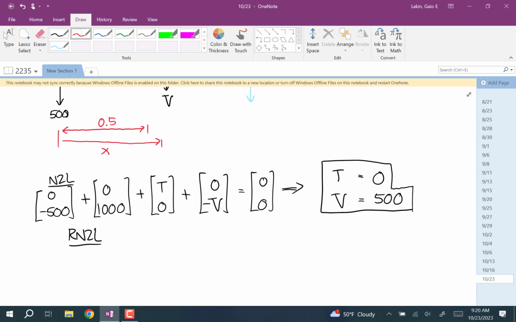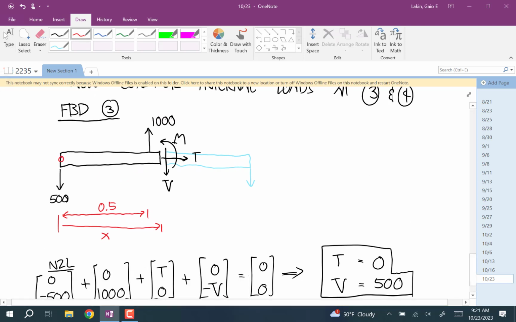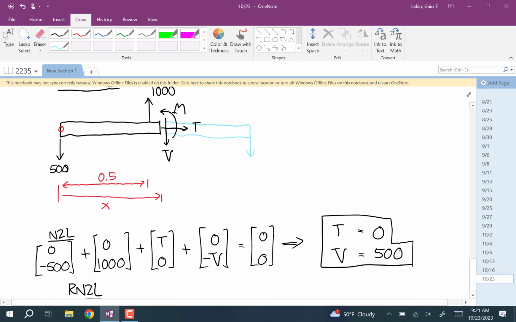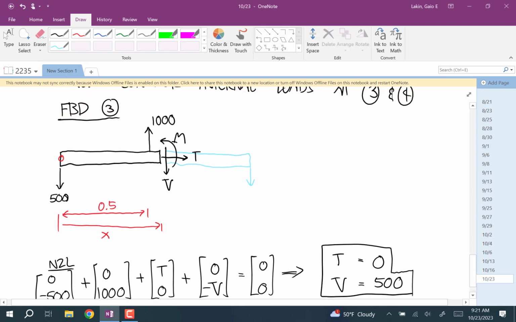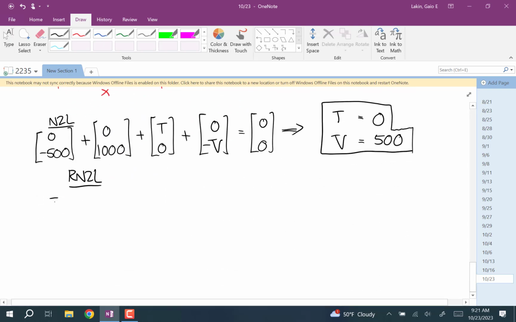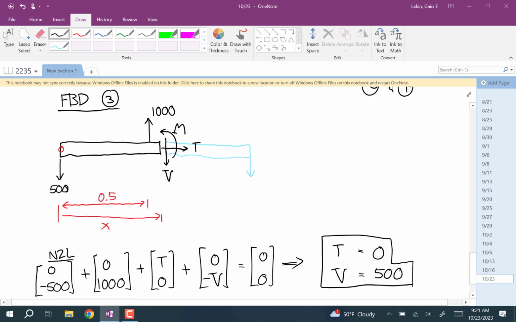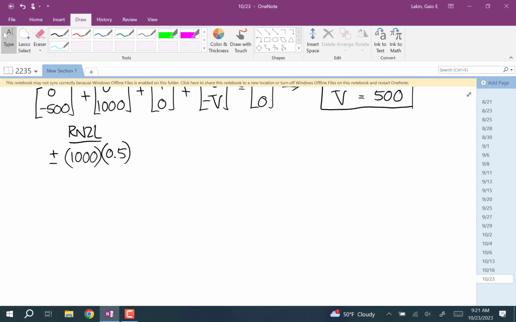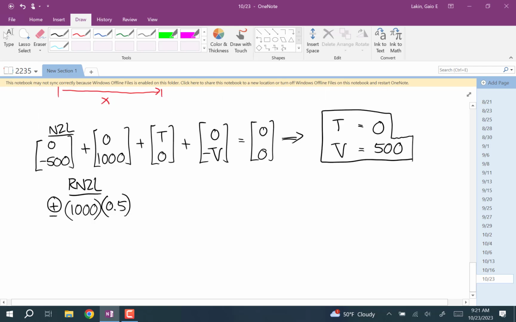And so if this is our about point, what do we have for moments? That 1,000 produces a moment. So that's plus or minus 1,000 times its moment arm of 0.5. Would that cause a clockwise or counterclockwise rotation? Counter, so this is positive.